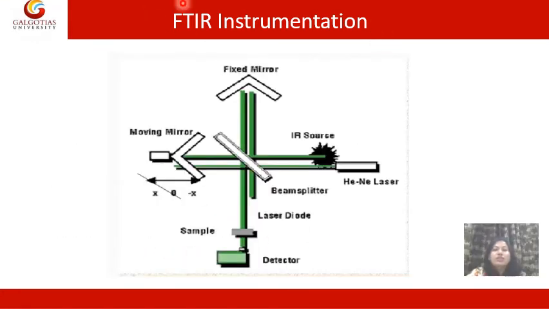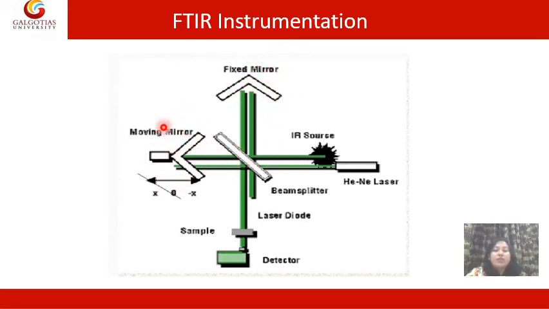Now we will discuss the working of FTIR instrument. In this instrument, we use IR source as Nernst glower or globar. The radiation source produces IR radiation, then it goes towards the beam splitter, where the beam splitter splits this radiation into two equal halves. One goes towards the movable mirror and the other goes towards the fixed mirror.